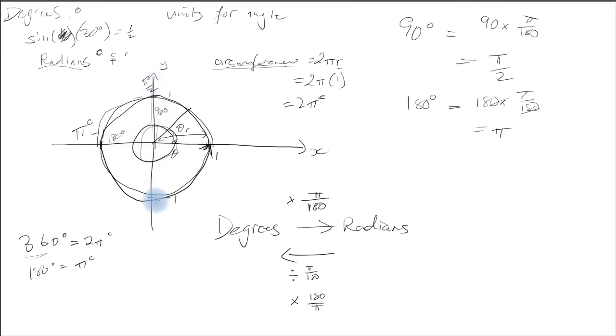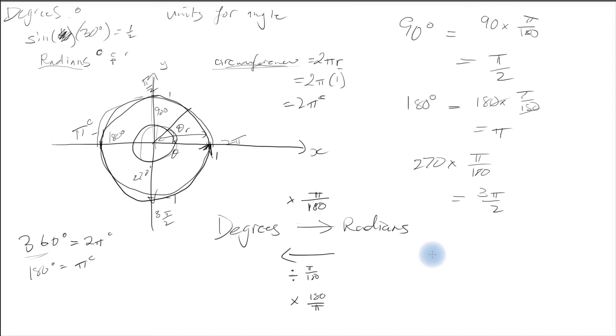Now going directly down, what used to be 270 degrees, we have 270 times pi on 180, and what you get there is 3 pi on 2. And of course, 360 is 2 pi radians.